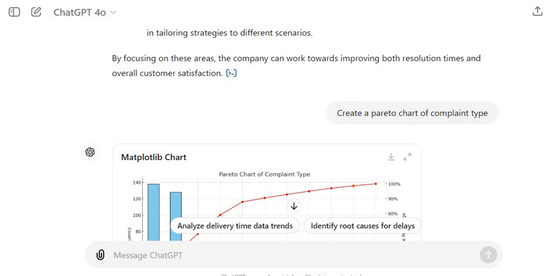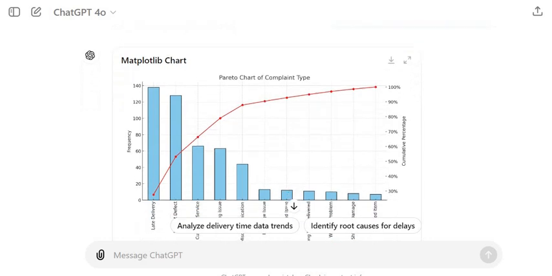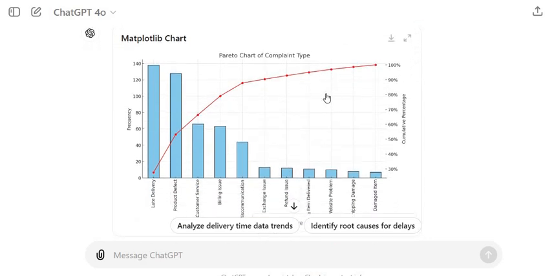Then third, now we are going to apply the third tool, which is a Pareto chart of complaint types. So I just asked ChatGPT to create a Pareto chart of complaint types, and it gave me this chart. It didn't take more than maybe 5 seconds to create this.